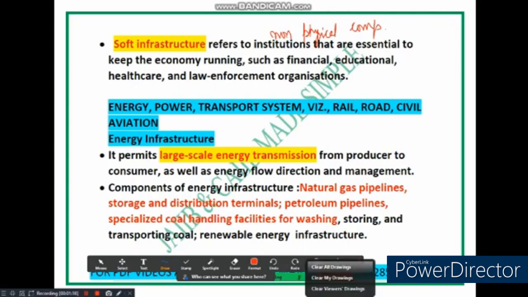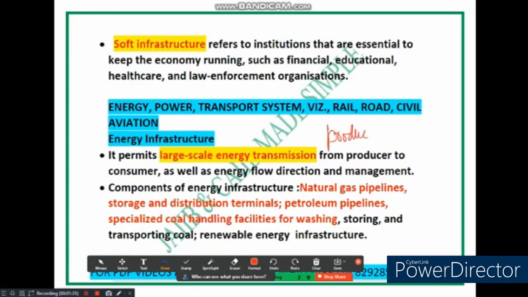Now let's talk about energy infrastructure. Energy infrastructure is also an important component, and we will discuss it in detail. It includes large-scale energy transmission. It refers to the systems and networks that allow for the production, transmission and distribution of energy resources.